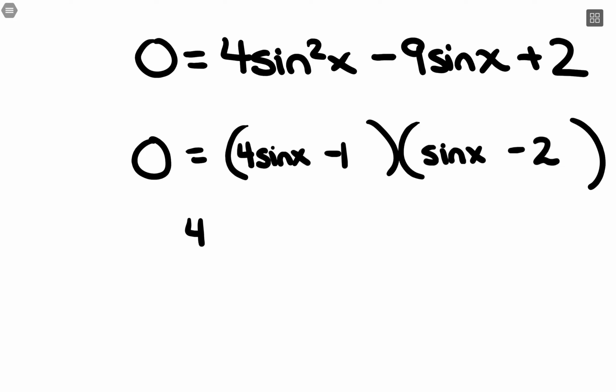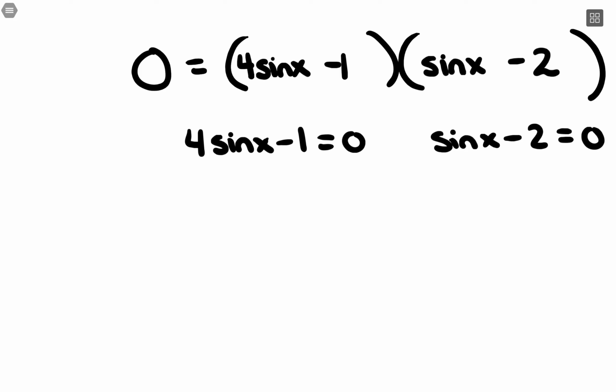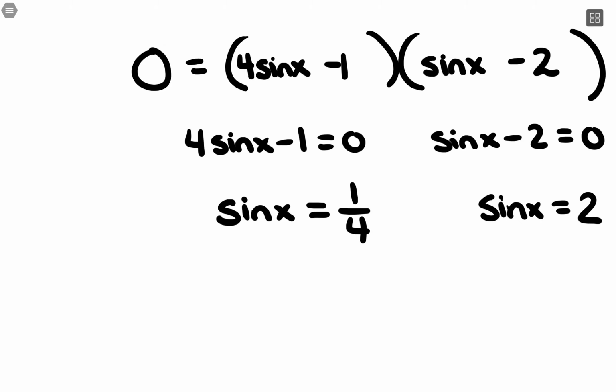And then we end up with 2 equations. And we solve. So let's see, this will give us add 1 to both sides, divide by 4. Over here, sine x is equal to a positive 2.